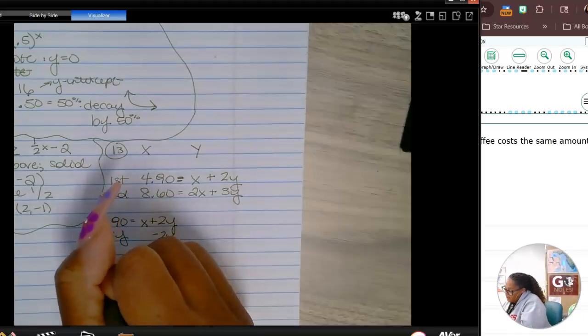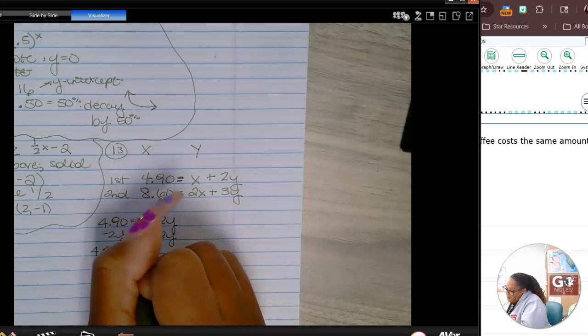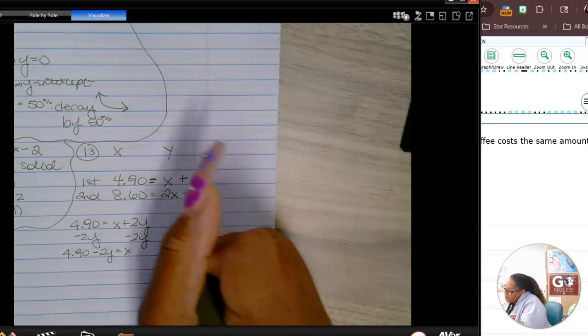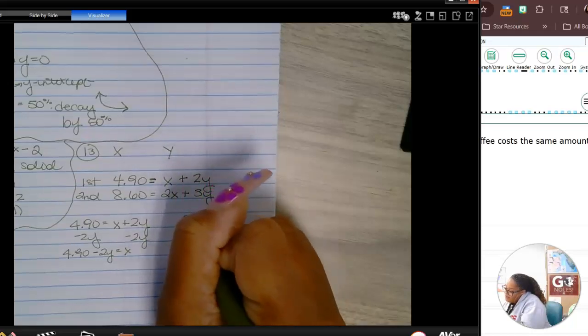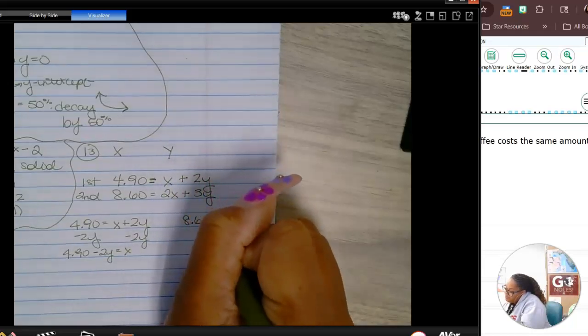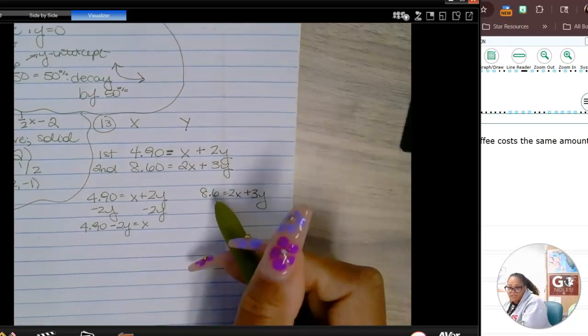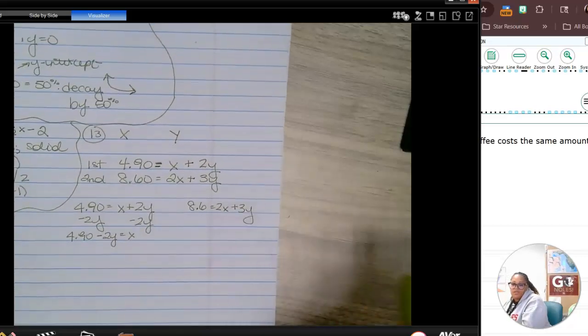And then I can say 490 minus 2y equals x. Then over here, I have to say 860 equals 2x plus 3y. Also, I left out that 0 because it's not necessary. I could solve for y over here, or I could solve for x.